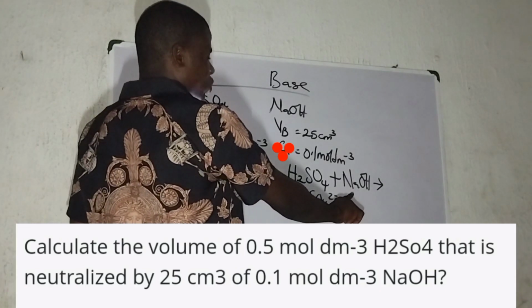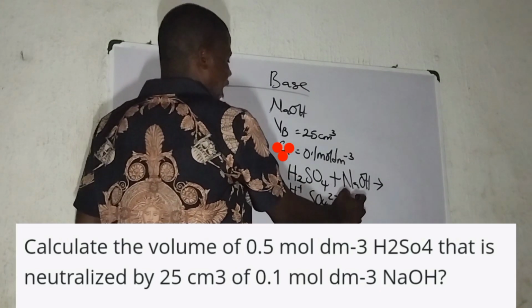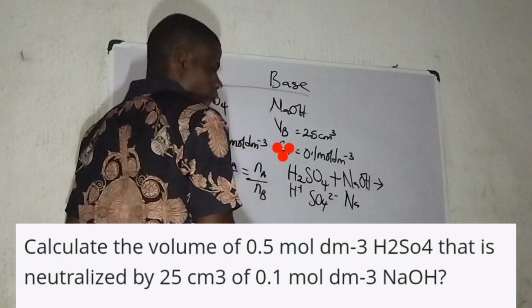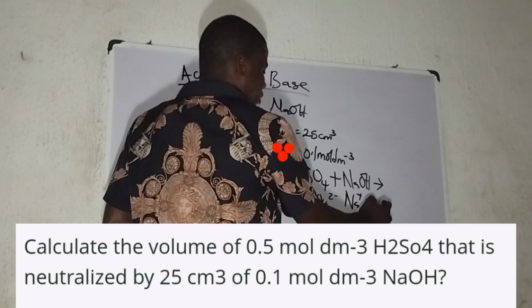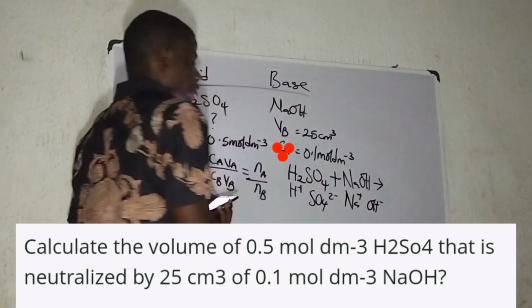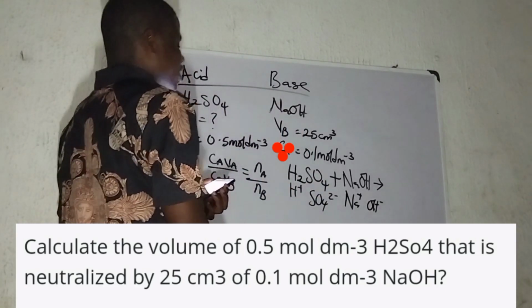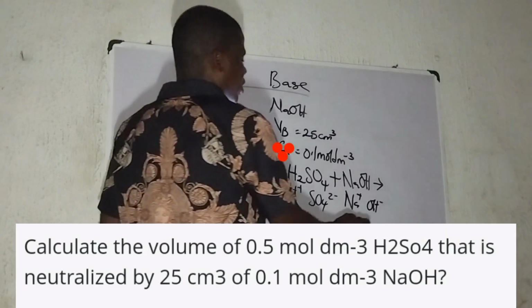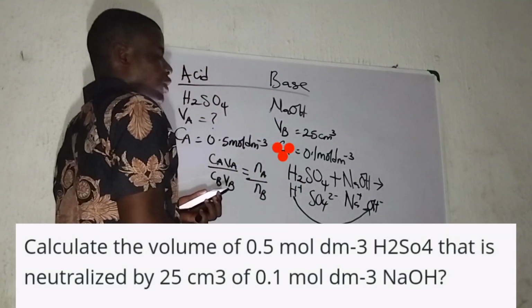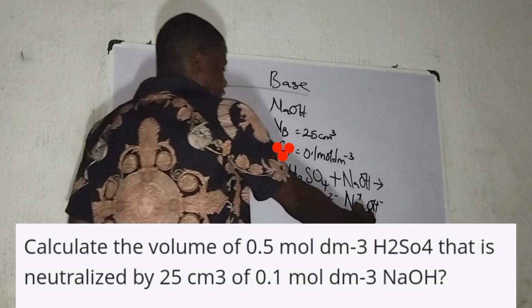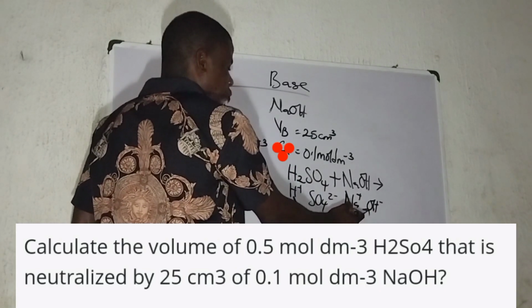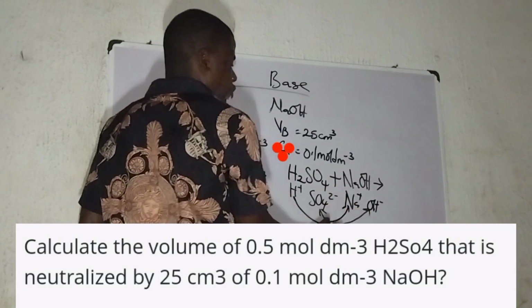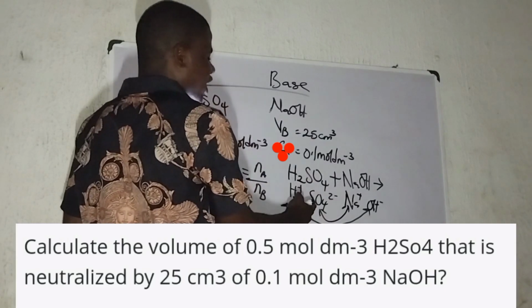When the sodium hydroxide dissociates, sodium ion will come out and hydroxide ion will still come out. The idea here is that the positive ion will take the negative ion. So male goes to female. The positive here will take the negative here.